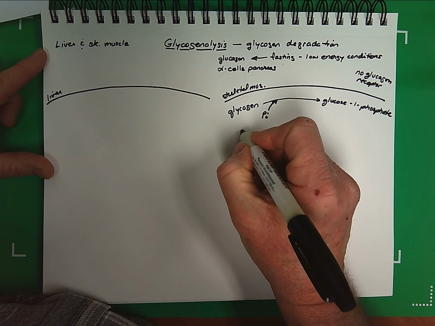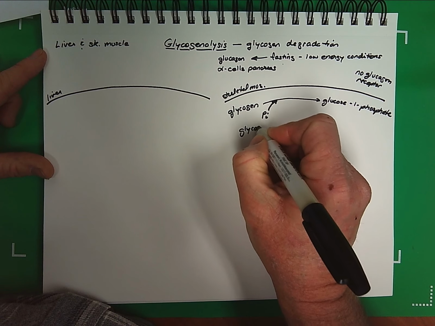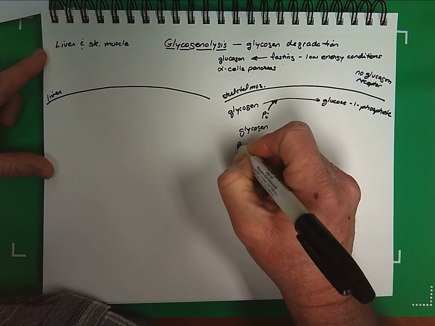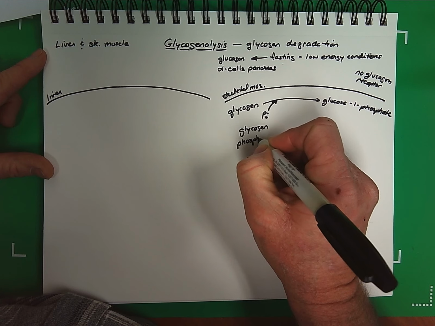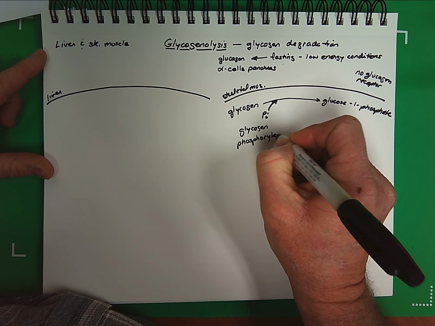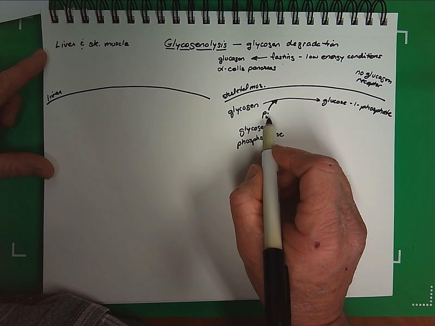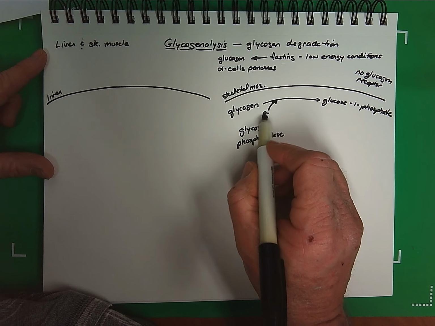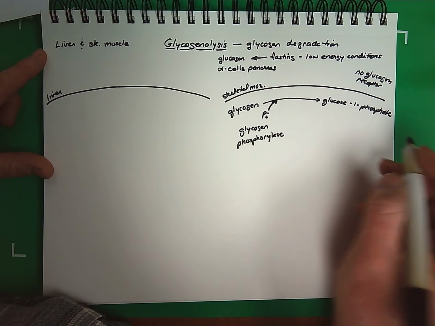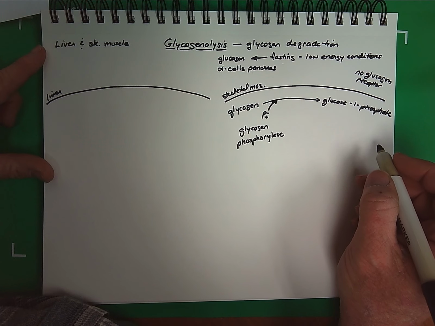Now the enzyme that does this is glycogen phosphorylase. This enzyme mediates the phosphorylase reaction of inorganic phosphate to release the glucose 1-phosphate.